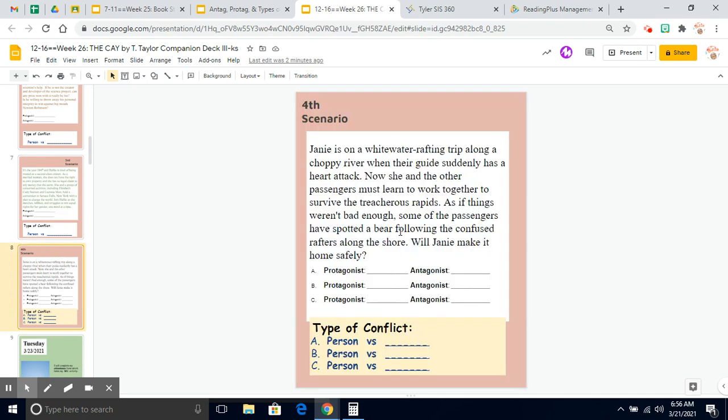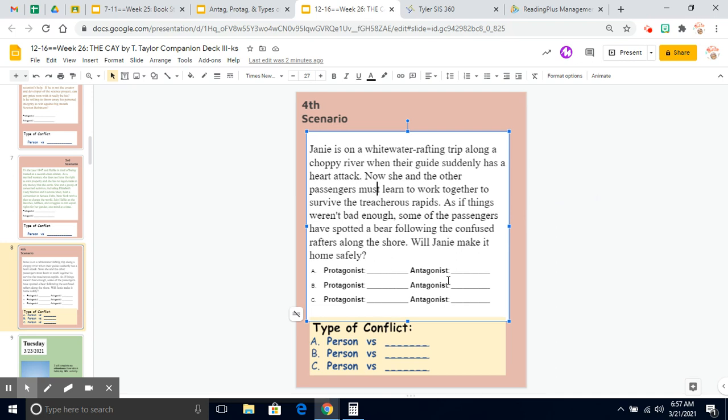When you get to the last one, there are multiple things going on here. That's why you saw it in a couple of different attendance forms last week. Janie's on a whitewater rafting trip. The guide has a heart attack. There are other passengers that have to come together to make things work. And, oh wait, there's also a bear on the shore.